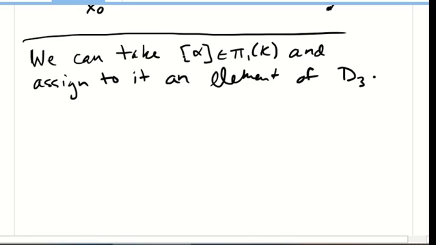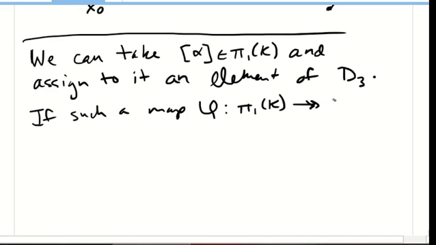If we can find a surjective representation, so there's always one that's trivial, right? But if there's one, so this symbol means onto.